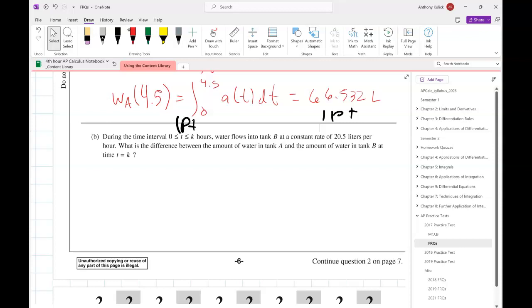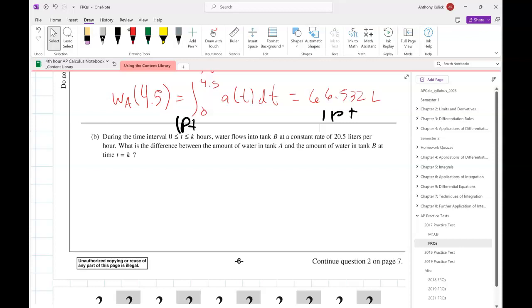So it says during the time interval from 0 to k, water flows into tank B at a constant rate of 20.5 liters per hour. What is the difference between the amount of water in tank A and the amount of water in tank B at time t equals k?